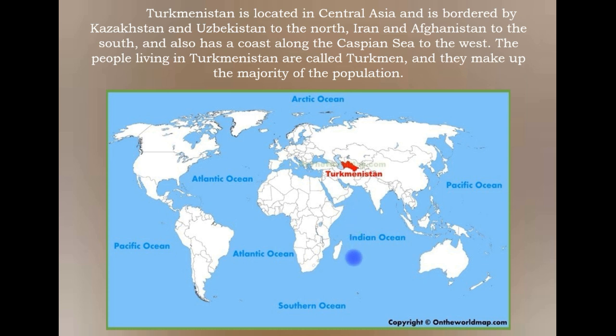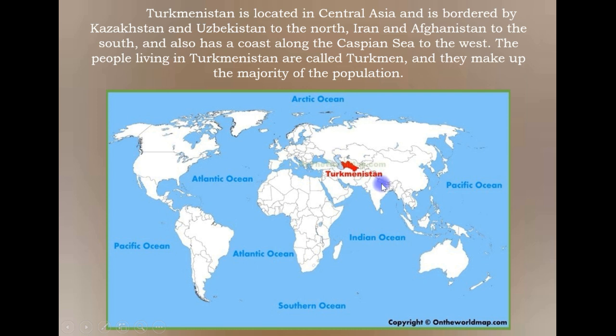But I would like to say that we, the Turkmen people, do not call it Turkmenistan as in the English pronunciation, but we call it Turkmenistan with a U, and we call ourselves Turkmen.